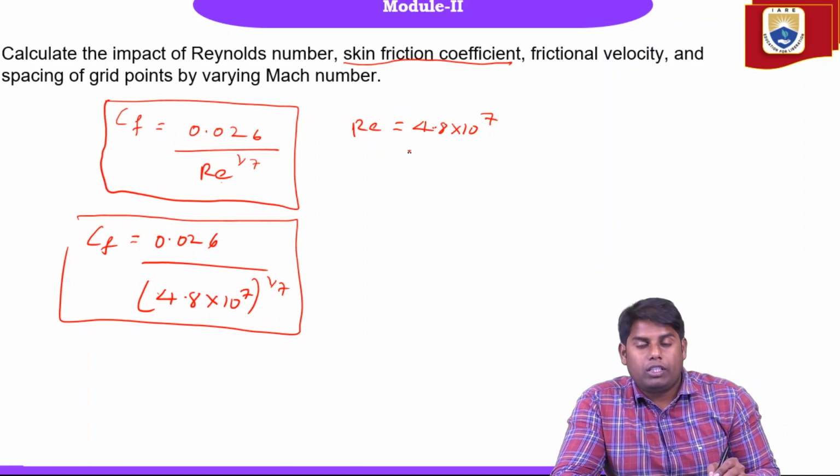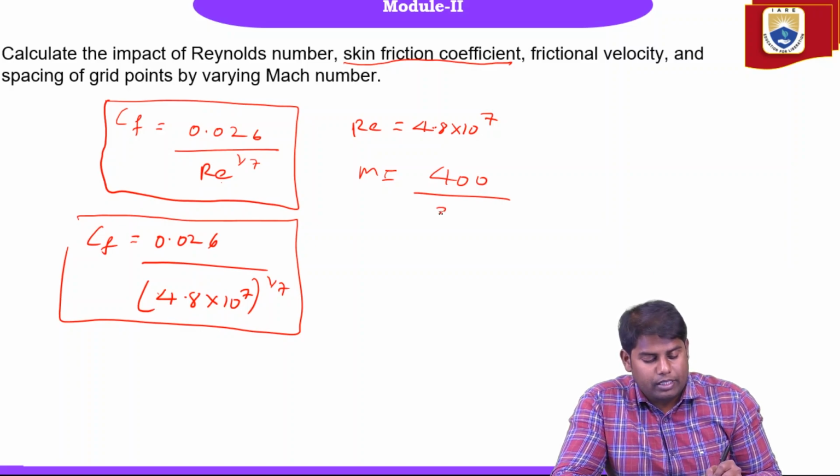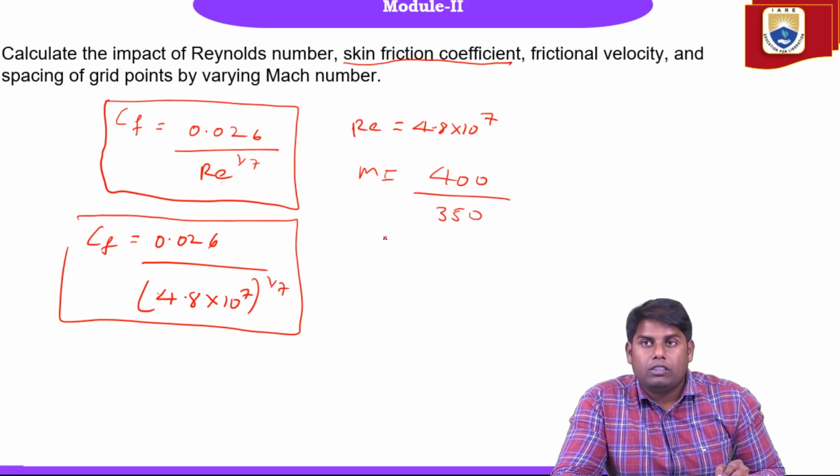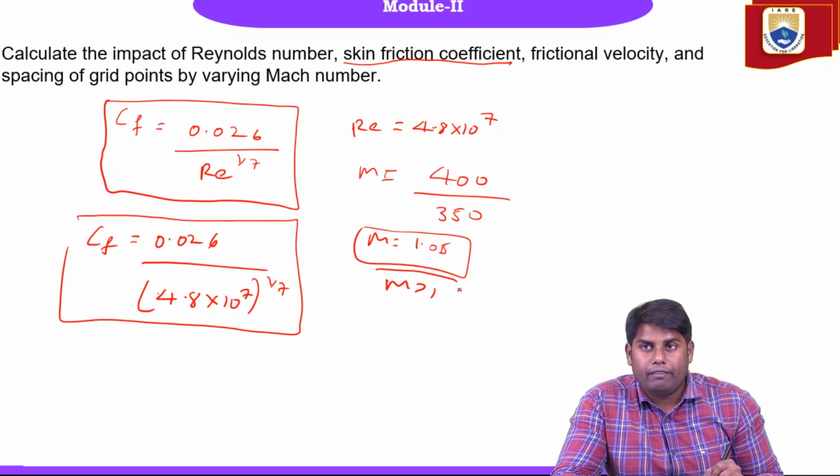So what is the Mach number that we get? M is equal to V, which we have taken as 400, and A is something like 350. So M will be approximately 1 point something, which is going to be greater than 1.